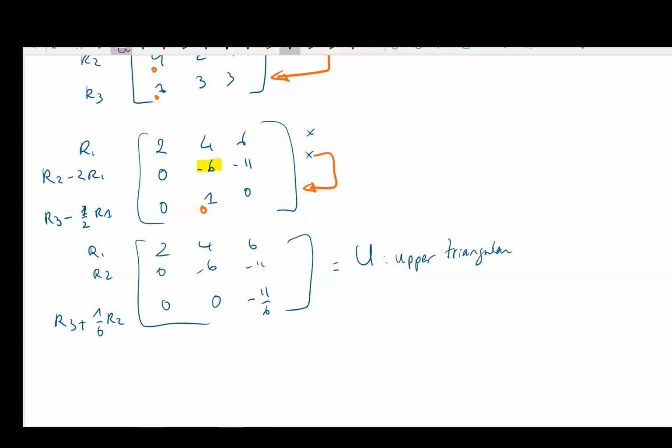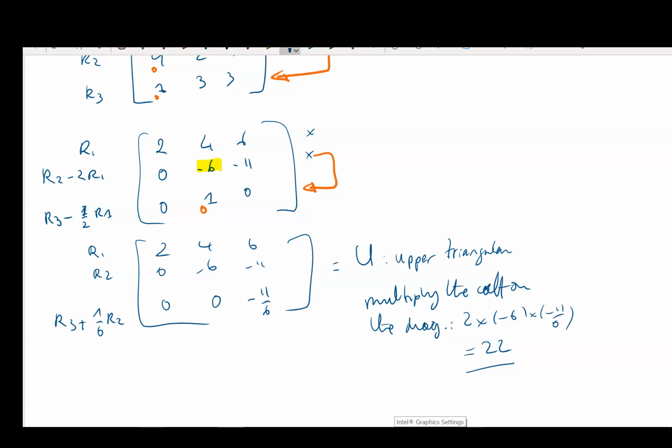We get in that case 2 times -6 times -11 over 6. That's going to be 22.